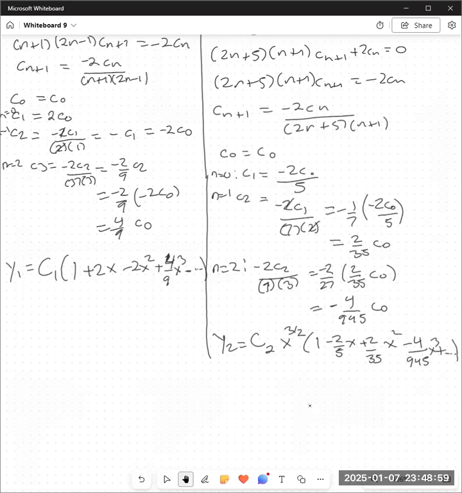So my total solution, y, is going to be C1 times all of this. Make that kind of a big C1. Plus big C2, x to the 3/2 times all of this.